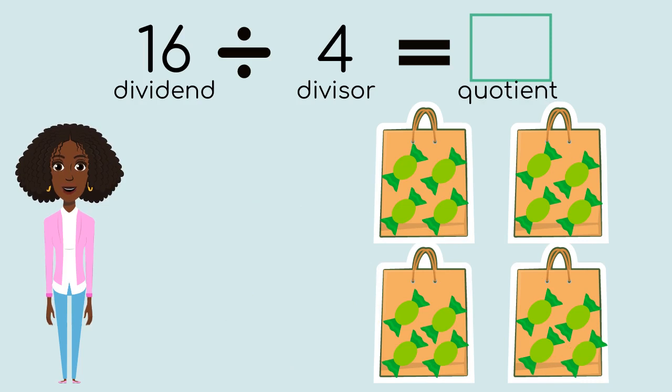Now that we have 0 candies left, we need to find our answer. Our answer is the number that is in each group or bag. How many candies are in each bag? 4. That's right. You got it. 16 divided by 4 equals 4.